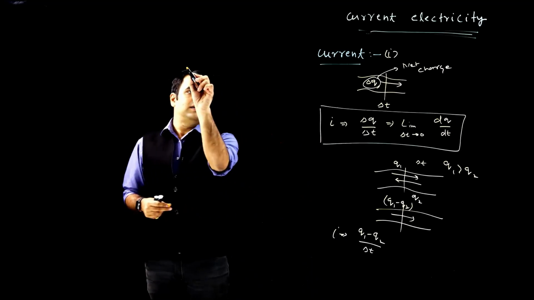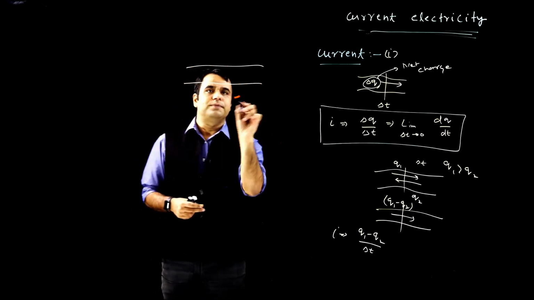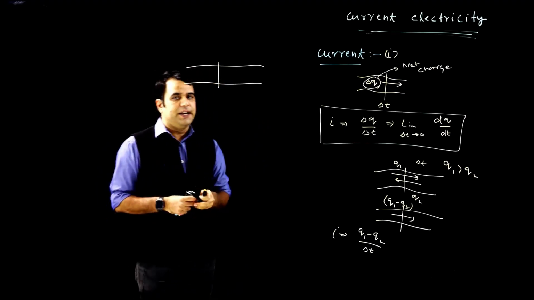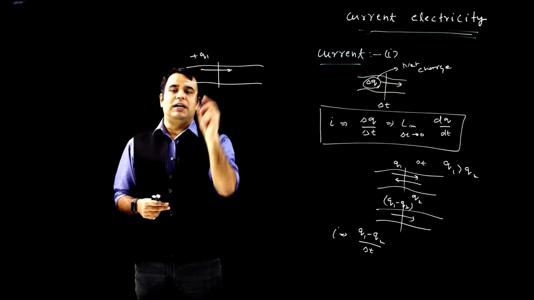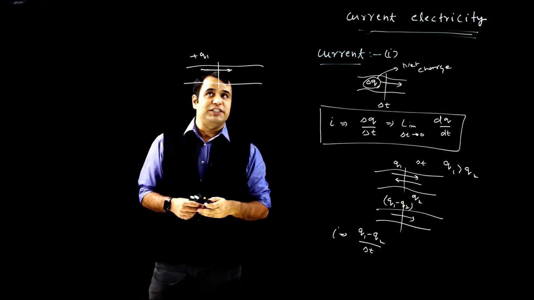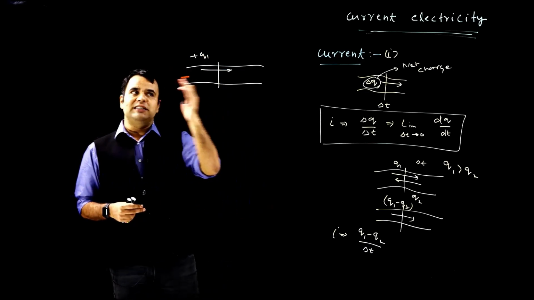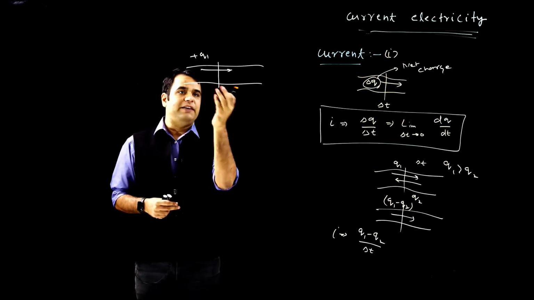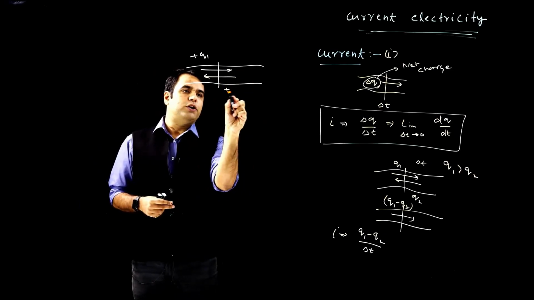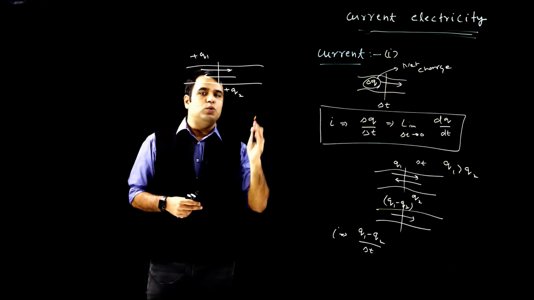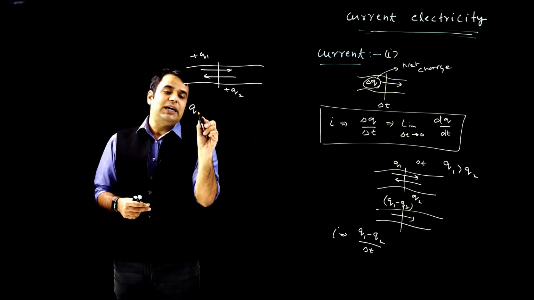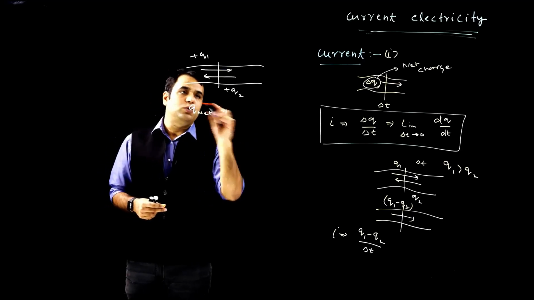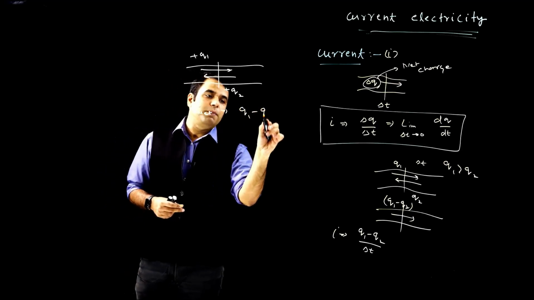I'll give you an example. If this is a cross-section area, and plus Q1 charge, meaning the positive charge, is passing from left to right, and positive Q2 charge is passing from right to left, in that case the net charge passing through the cross-section area will be Q1 minus Q2.